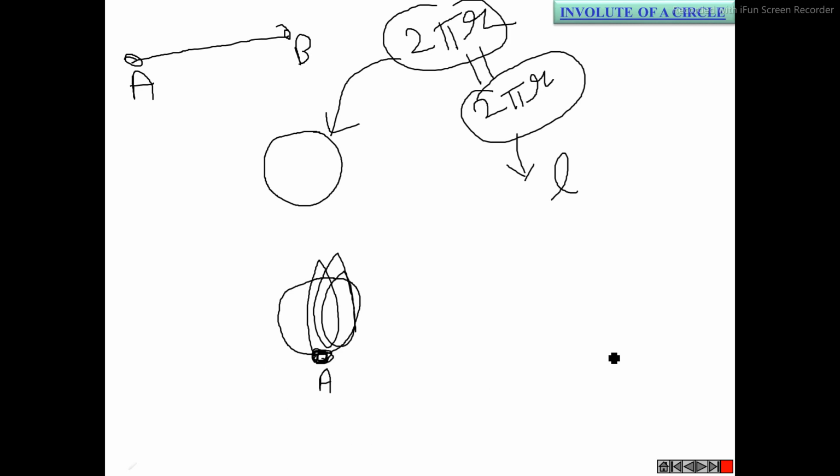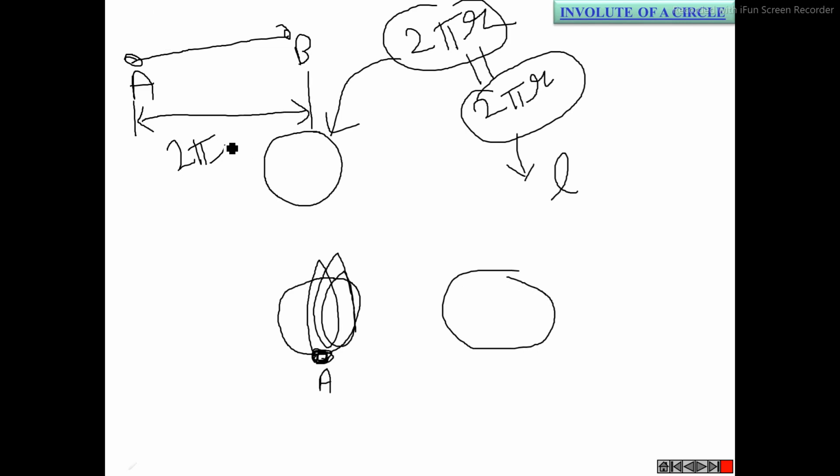Suppose I have a circle. On this circle I want to wrap a thread whose length is exactly equal to the circumferential length, that is 2 pi r, correct? So say I have taken this point of the circle. From this point I am starting to wrap the thread whose length is 2 pi r.